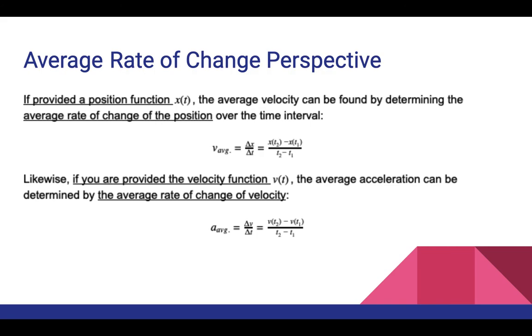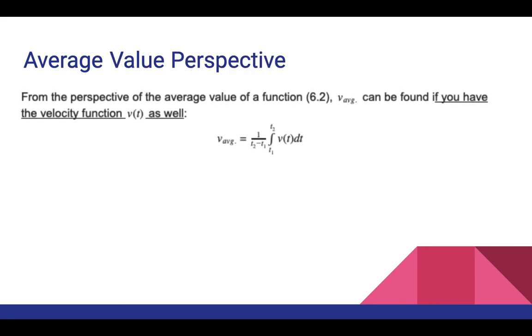Okay? Now on the flip side, from the perspective of the average value of a function, if we're trying to calculate the average velocity, but we don't have a position function, but a velocity function, we can calculate the average velocity by using the average value equation from 6.1 for the velocity function, like we see happening right here. 1 over t2 minus t1 times the definite integral from t1 to t2 of your velocity function.